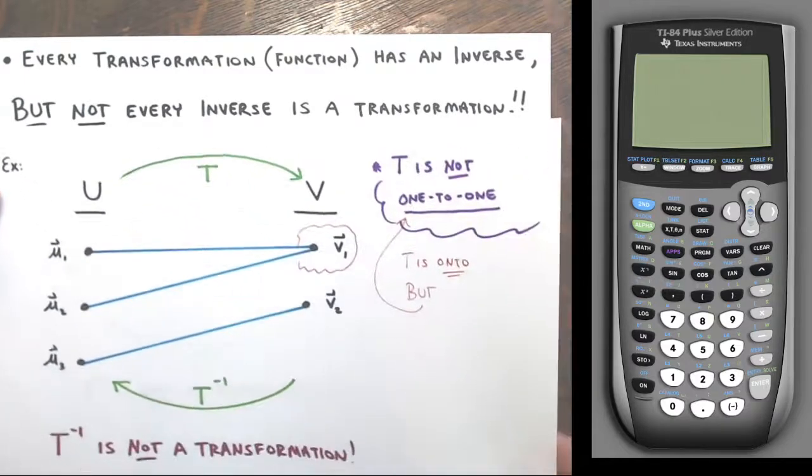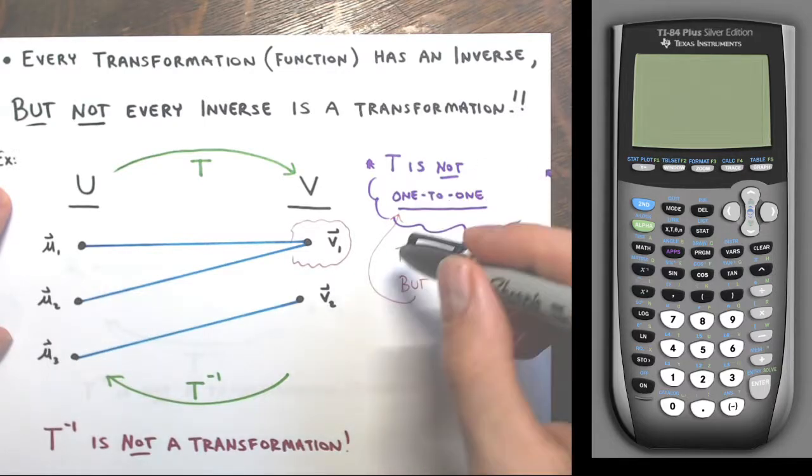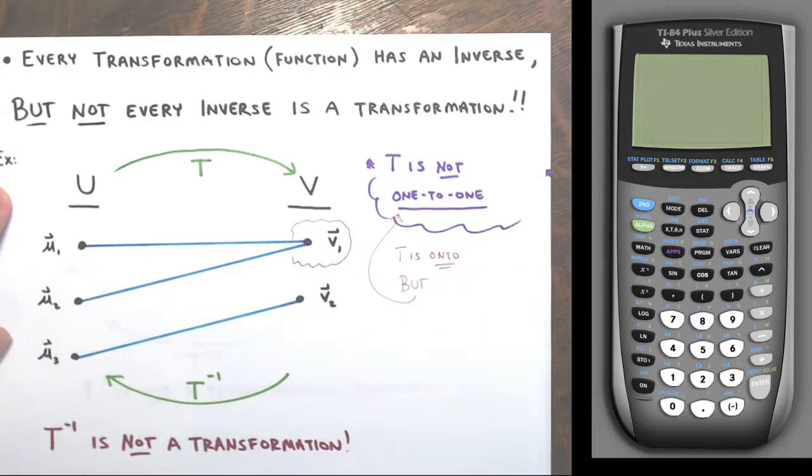And we've seen that when T is not one-to-one, but onto, the inverse is not a transformation. So you might have guessed by now that the only way that the inverse mapping, the reverse mapping, is going to be a valid transformation, a valid function, is if the original transformation T is both one-to-one and onto, right? Let's take a look here.